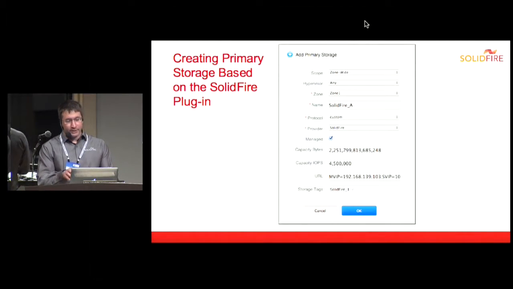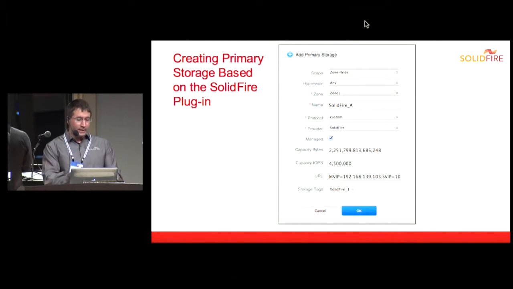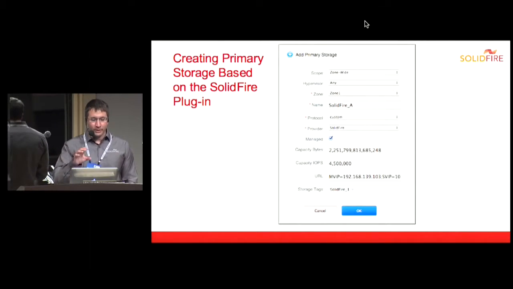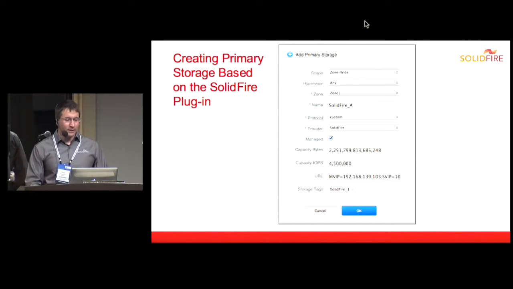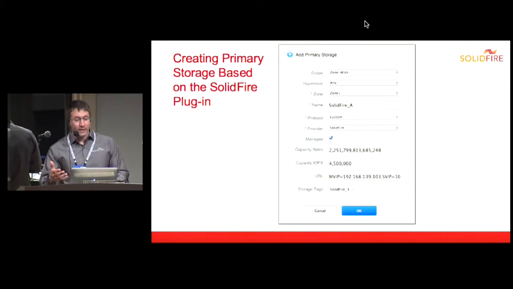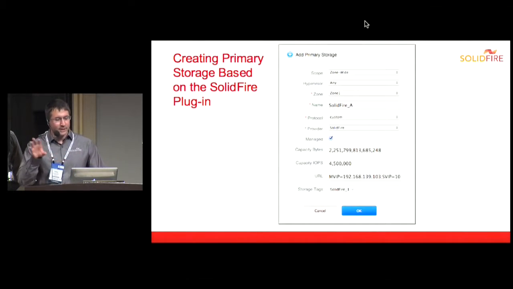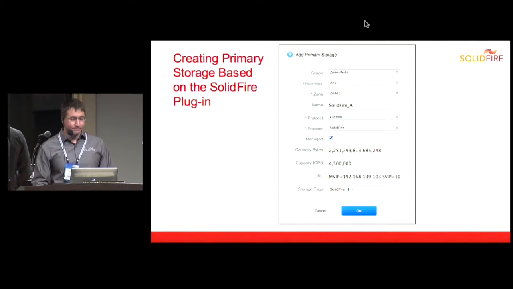So you can type in here SolidFire_1, you can hit the space button, and now it shows up in its own little object that you can hit the X button to remove, or you can type a new descriptor. It's an easier way of interacting with these storage tags to create and delete them, rather than having to type things all out, separate them by commas, and worry about things like that.